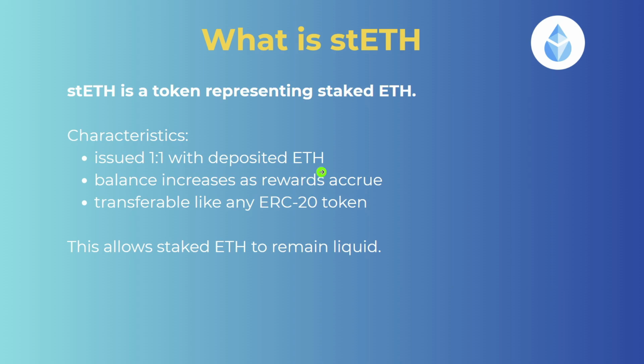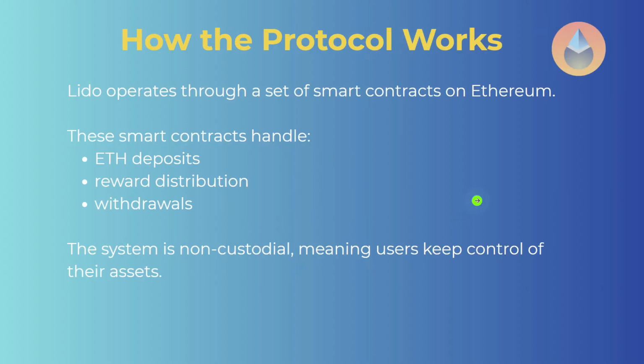So I'm participating in a validator node, and of course I get a part of those rewards. So the balance increases as rewards accrue. It is transferable like any ERC20 token. This allows staked ETH to remain liquid.